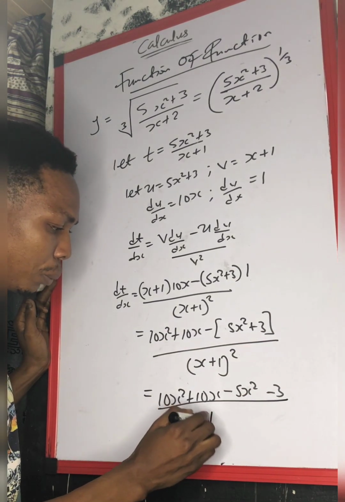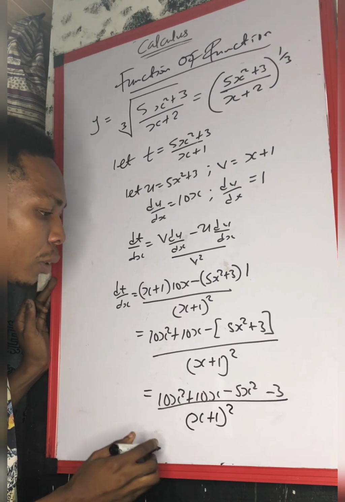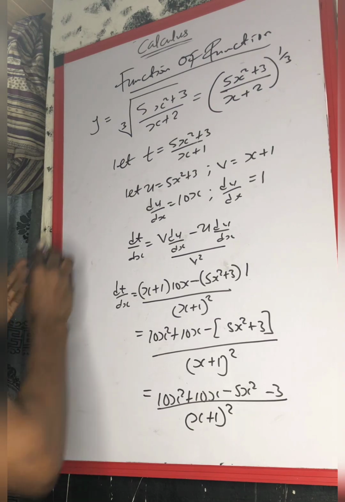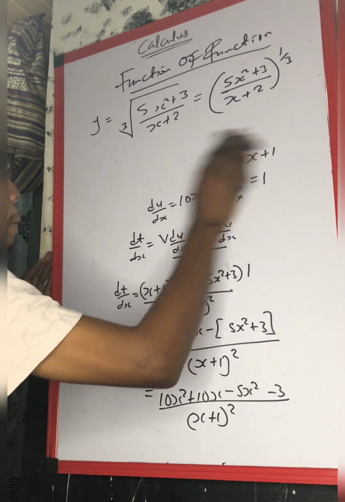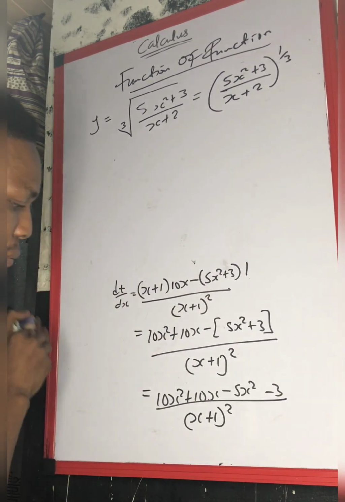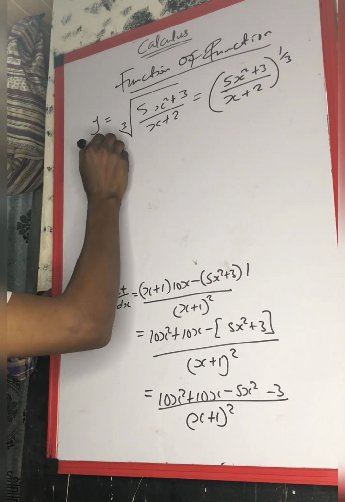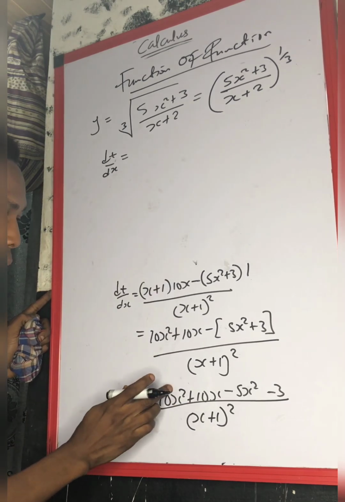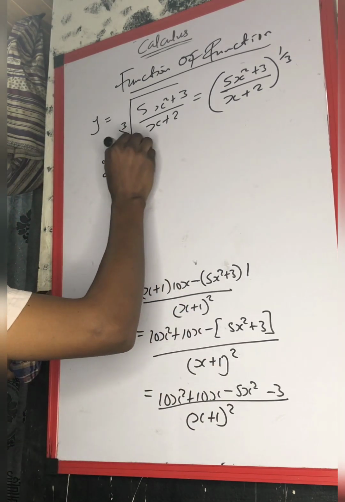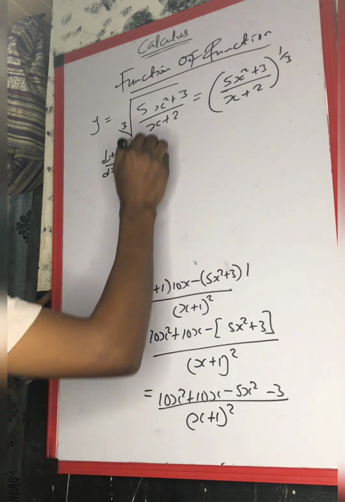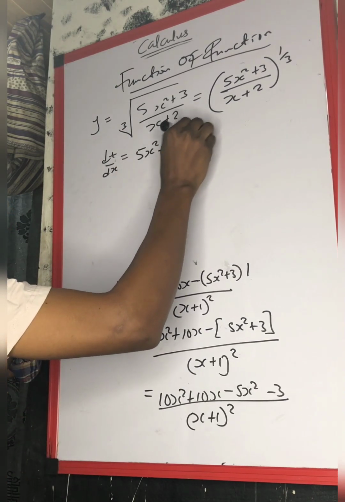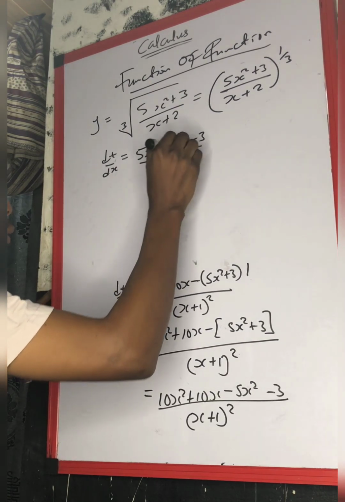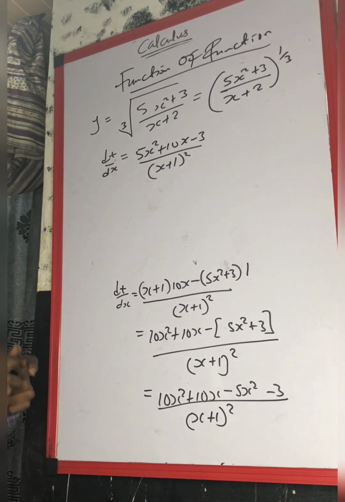So we have (s plus 2) squared. So from there, our final answer, which is dt/ds, becomes 10s squared minus 5s squared is 5s squared, then plus 10s minus 3 all over (s plus 2) raised to the power of 2.